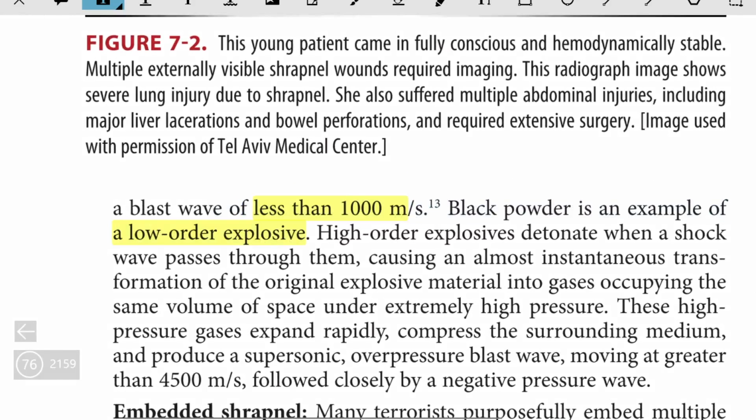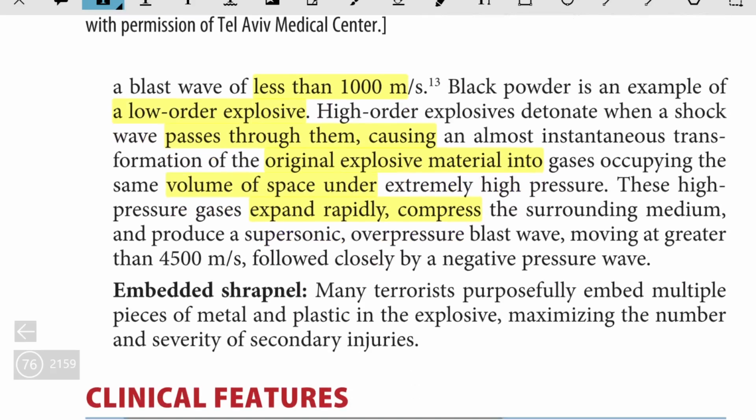High order explosives detonate when a shock wave passes through them, causing almost instantaneous transformation of the original explosive material into gases occupying the same volume of space under extreme, high pressures. These high pressure gases expand rapidly and compress the surrounding medium and produce a supersonic overpressure blast wave moving at greater than 4,500 meters per second. It is followed closely by a negative pressure wave.